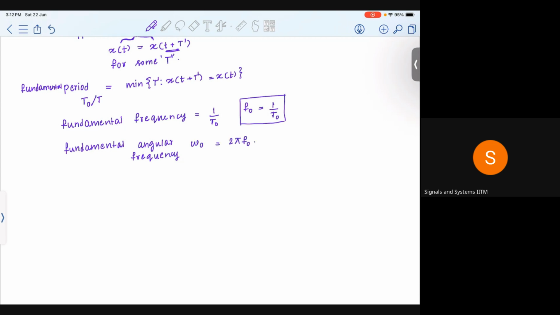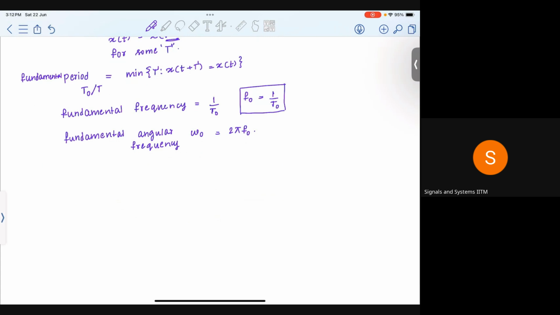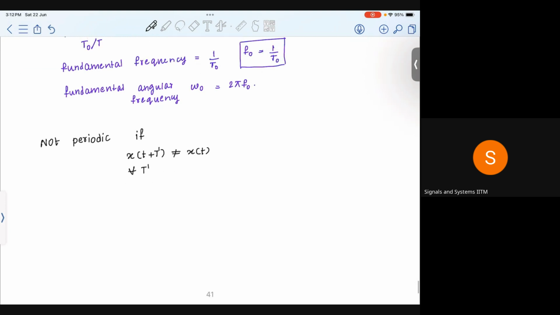And we say a signal is not periodic if x of t plus T is not equal to x of t for all values of T. Or if I call this T prime, x of t plus T prime is not equal to x of t for all T prime. So there is no value T prime such that x of t plus T prime is equal to x of t. Then such a signal is called a not periodic signal or aperiodic signal.